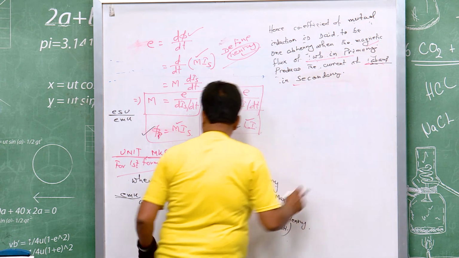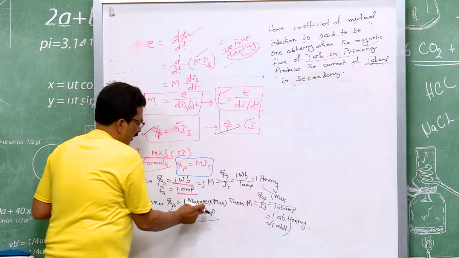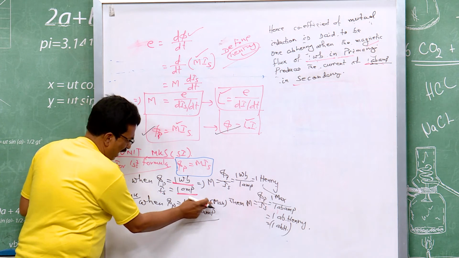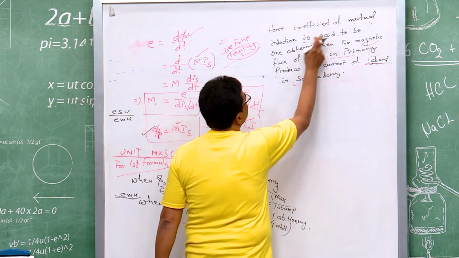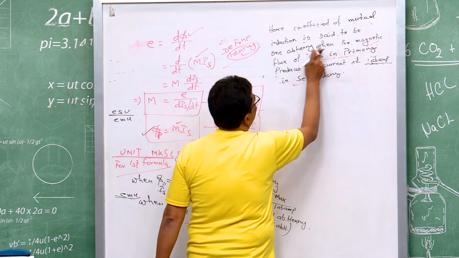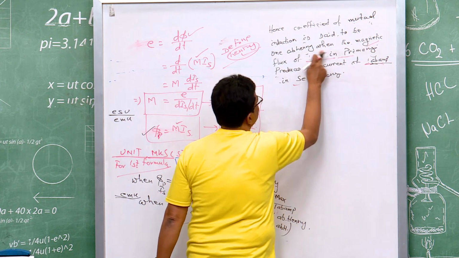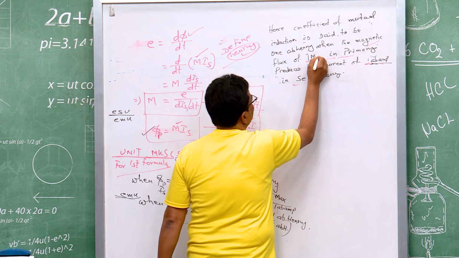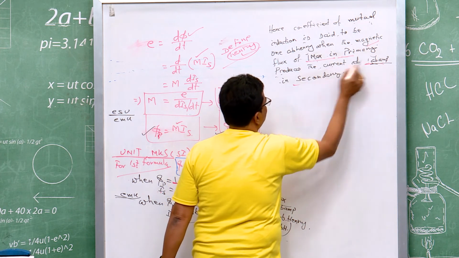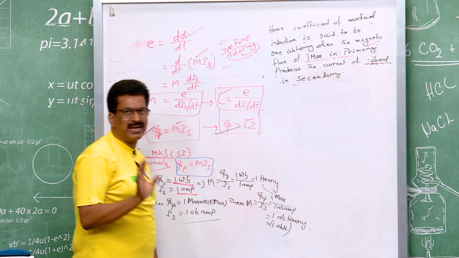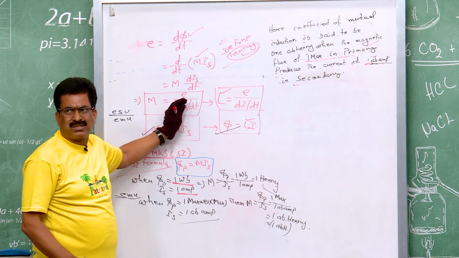So, what are the changes? Ampere becomes abampere, and Weber becomes Maxwell. So, it is said to be 1 abhenry when the magnetic flux of 1 Maxwell in the primary produces a current of 1 abampere in the secondary. This is for such definition.